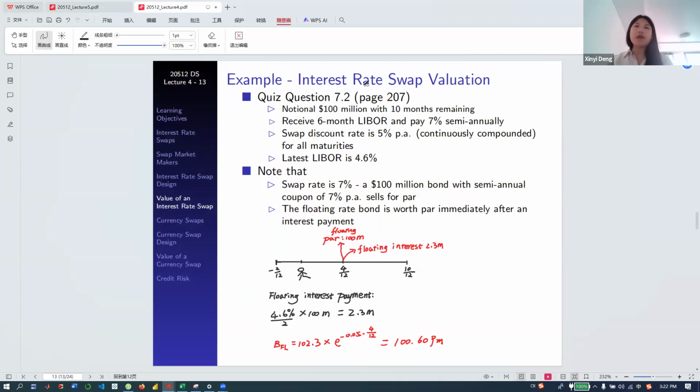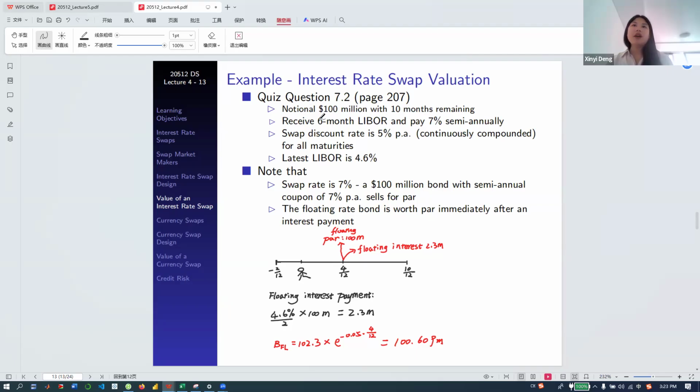Now onto our example here. That example is on page 207 of the textbook. So here you have a notional of 100 mils with 10 months remaining. Basically your swap is going to mature in 10 months.